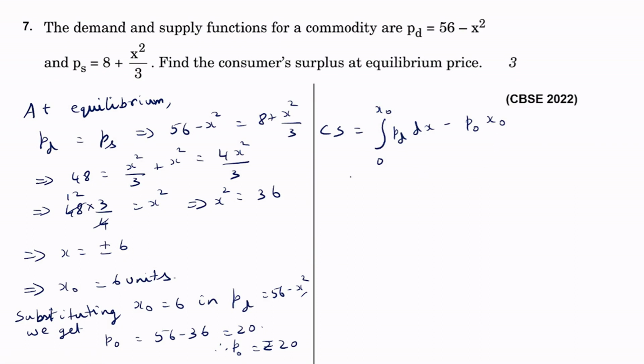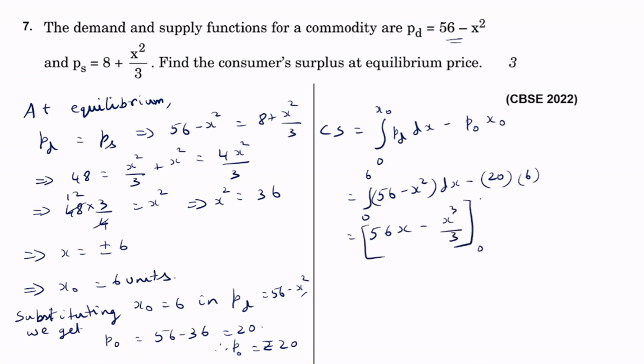So here we got x naught, it is integral 0 to 6, demand function is 56 minus x square dx, minus P naught x naught. Here P naught is 20 and x naught is 6. So this is integral 56 dx is 56x minus integral x square is x cube by 3 with the limits 0 to 6, minus 120.